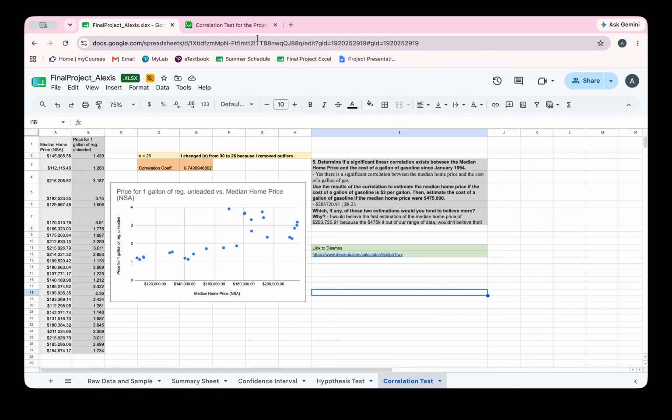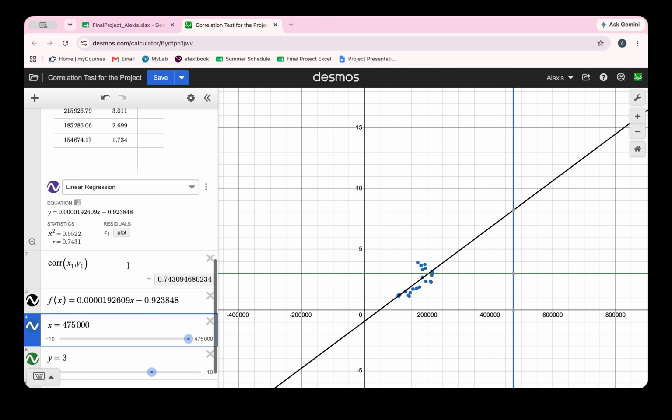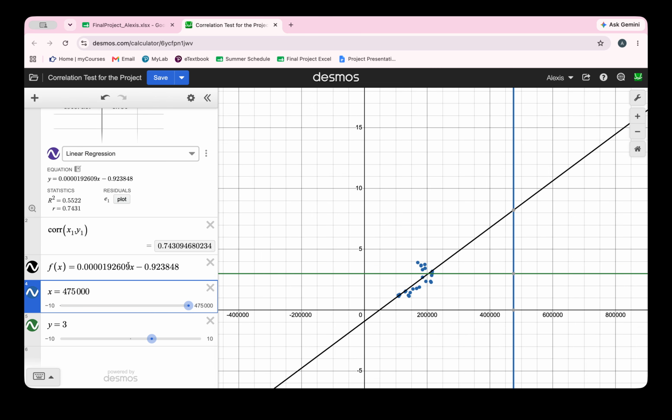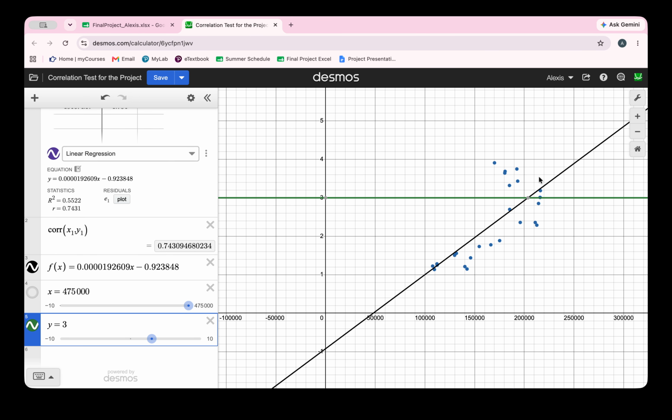So looking at Desmos, you can see when I'm using the model to estimate the median home price at a gas cost of $3, the intersection here is $203,720.91.